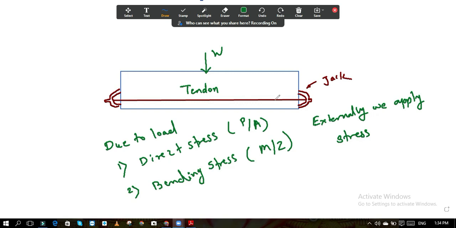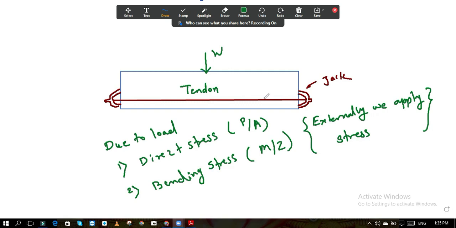So if you pre-stress the tendon, if you apply the stress on the tendon externally, the result is that a stress is induced in this tendon, and this induced stress is called pre-stress. Pre means before.